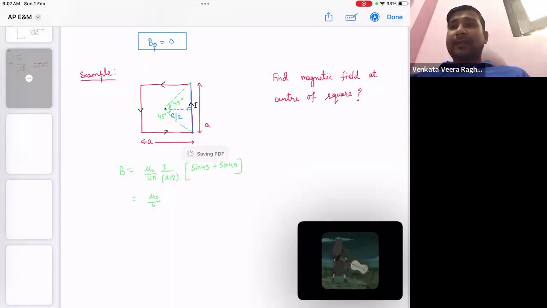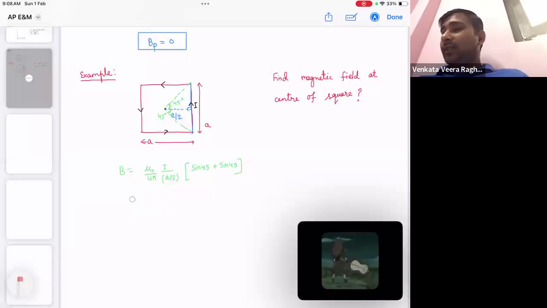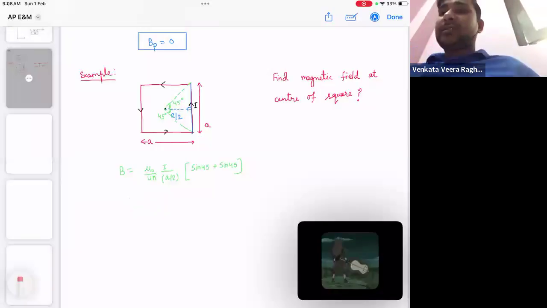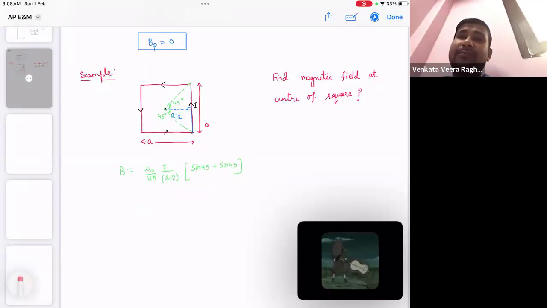Now, at the same time, we should also know the direction of the magnetic field, isn't it? Because when you add those magnetic fields, you must be careful about the direction, right? So now tell me, what is the direction of the magnetic field? To look at that, it is the direction of current, and we want to calculate somewhere here. Just think of this diagram in your notebook.